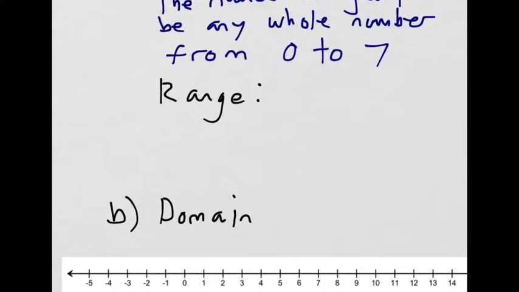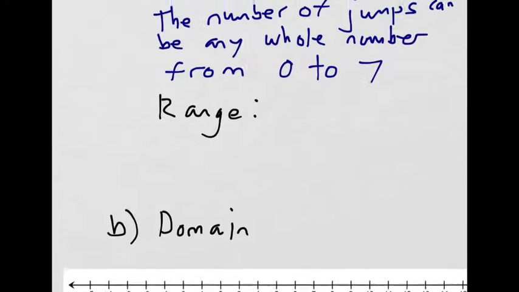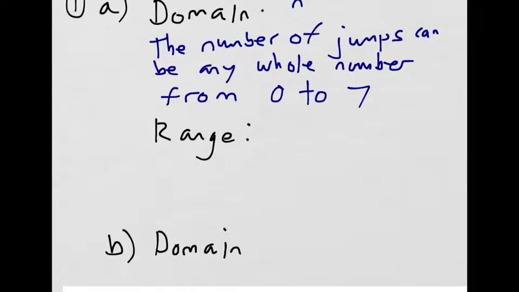Now let's think about the range. How far Jorge can go, right? Well, if the maximum number of jumps that he can take is 7, then what's the furthest he'll jump? Well, just really quickly here, 2 times 7, that's 14. 14 is the highest he can go. Okay?